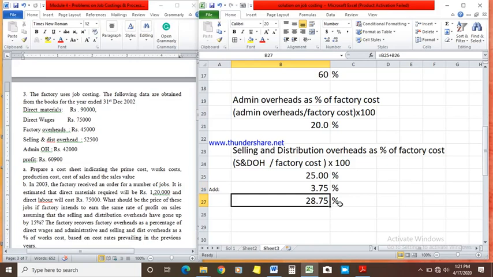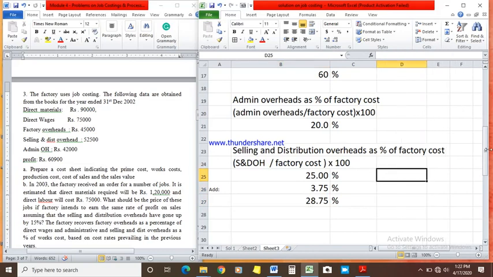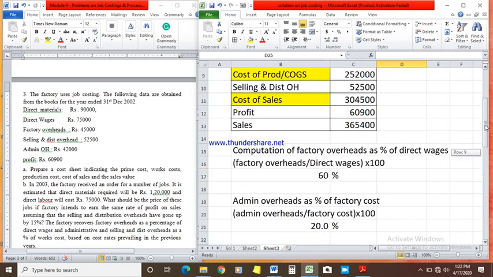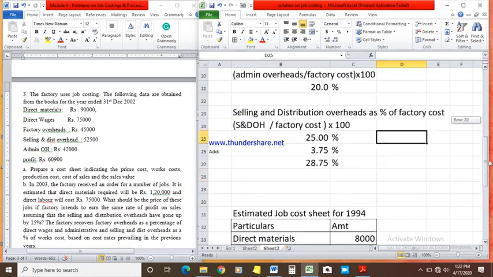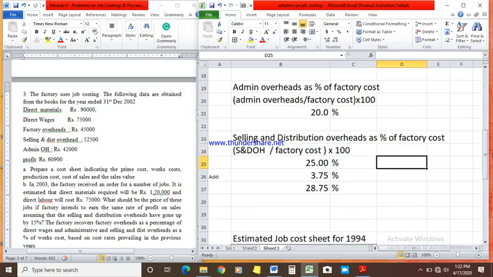So another way of calculating this 28.75%: you are already given how much the selling and distribution overheads are for 2002. It is 52,500. I'll write here 52,500. I'm just increasing the font size.